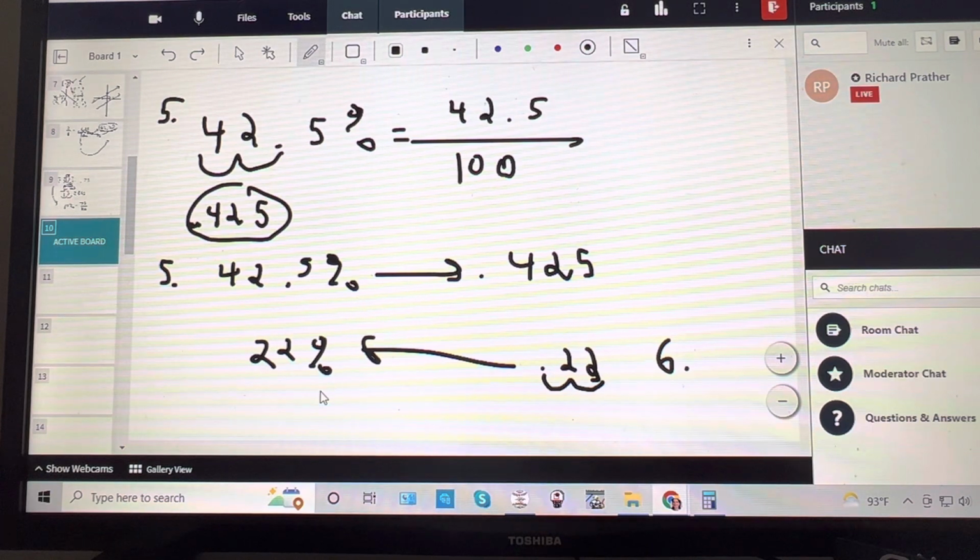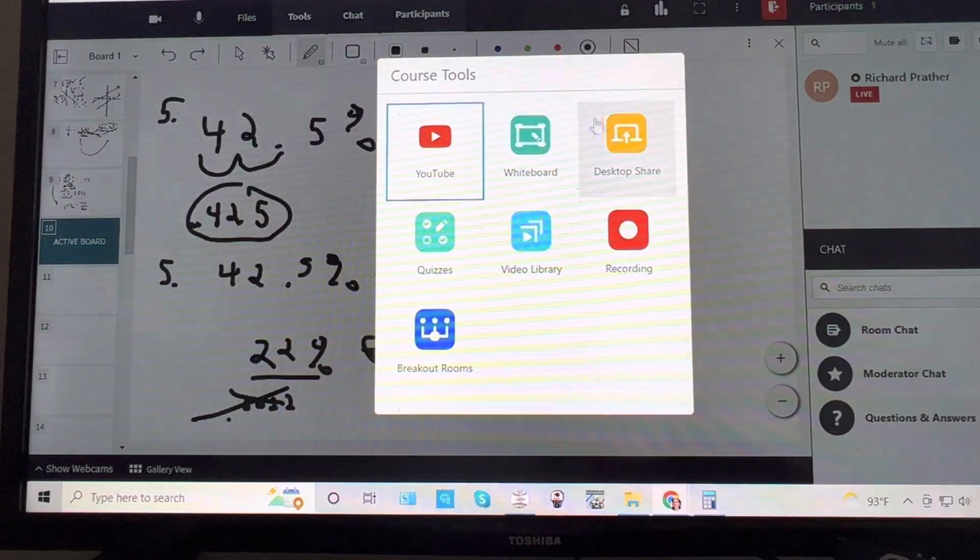Decimals are small things. 0.22 is less than 1, but 22 is way bigger than 1. So the percentage should always look bigger. If you thought this was 0.0022 because you went 2 the wrong way, that can't be right because it's smaller. 0.0022 is smaller than 0.22. So this is 22%.